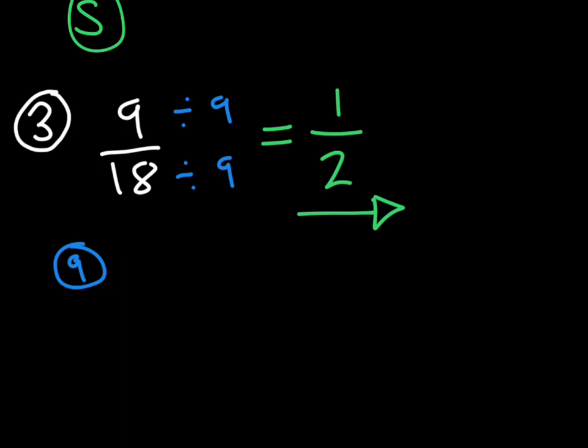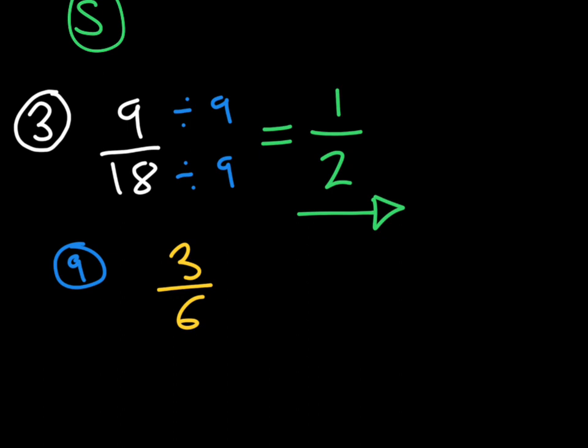What you might have done is if you had divided by 3, you would say 9 divided by 3, and that will give you 3. Then you might have said 18 divided by 3, and that will give you 6. This fraction, 3 over 6, is not in its simplest form because we can divide the numerator and the denominator by 3 once again.